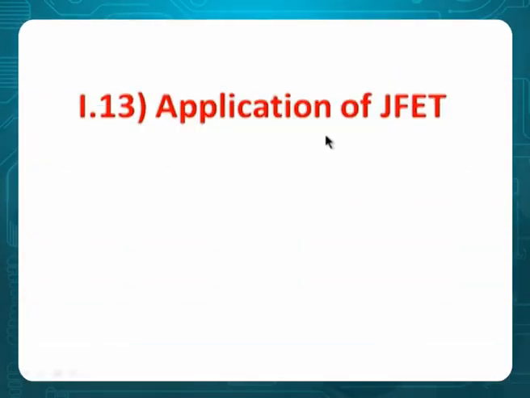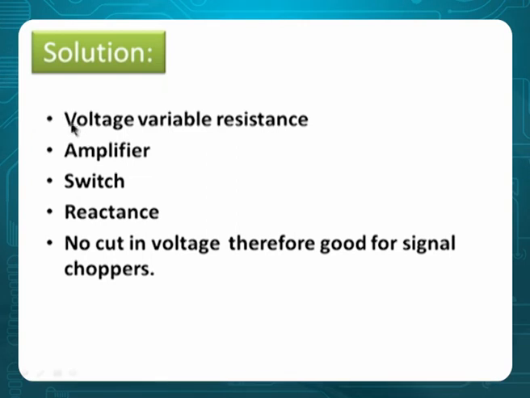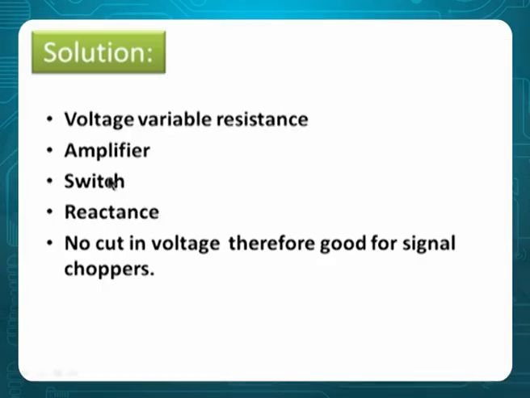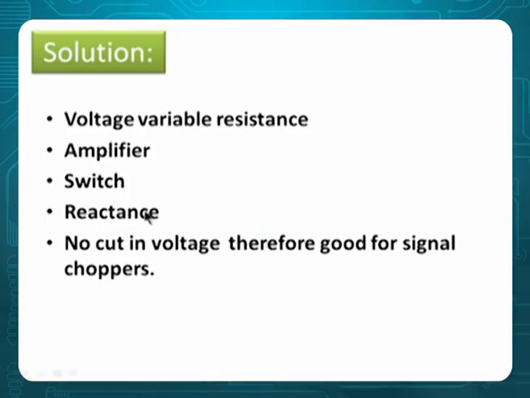VVR we call it. What are the applications of JFET? Applications of JFET are: first one, as we just now studied, voltage variable resistance. As VGS changes, resistance will change. It acts as an amplifier because it also possesses constant current characteristics. It will act as a switch because above VP, ID is 0. It is acting as a reactance because there is a junction, there is a capacitor, there is a reactance.